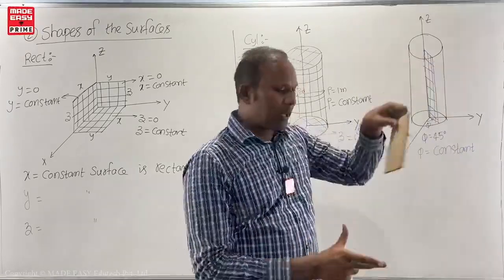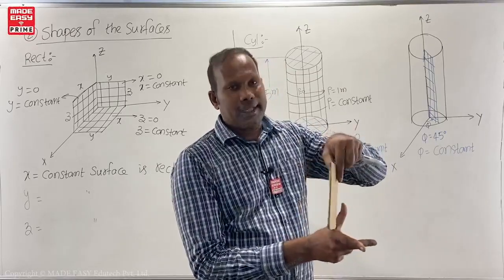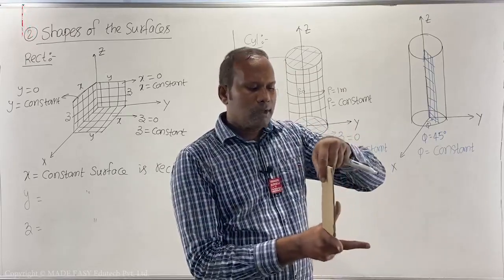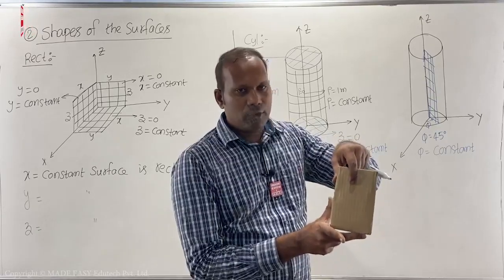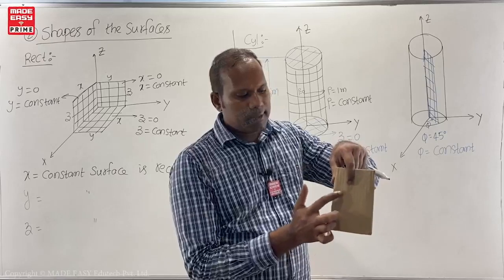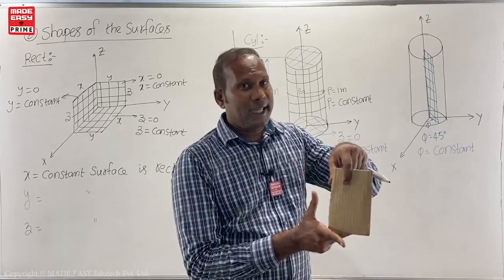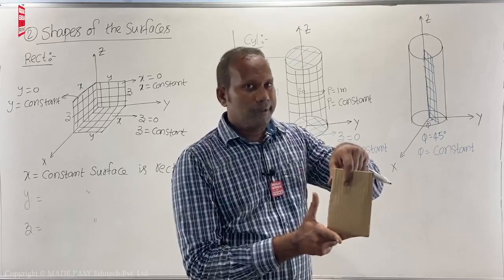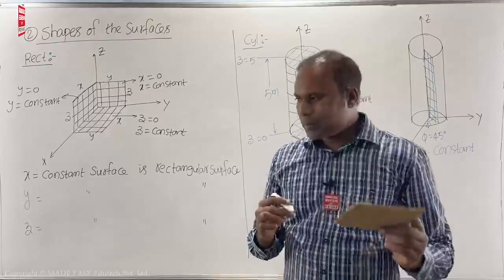So if you take a rectangular surface and rotate like this, then you get a cylinder. Then once if you stop rotating like this, then angle is 45. Then on this surface, anywhere angle is 45. So it looks like a rectangular surface. Okay, dear students. So now you have observed them.